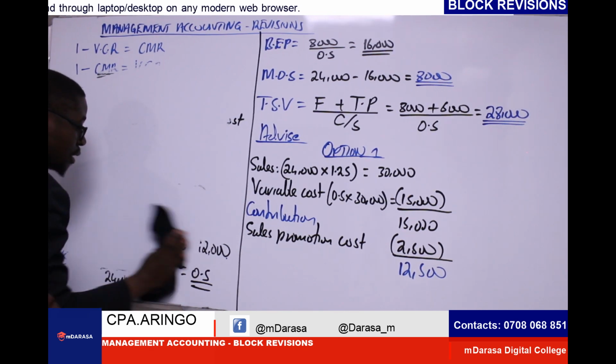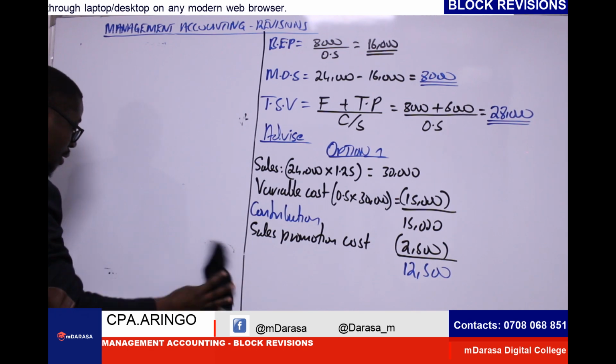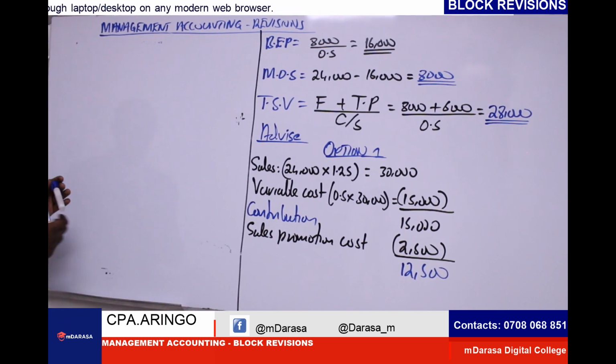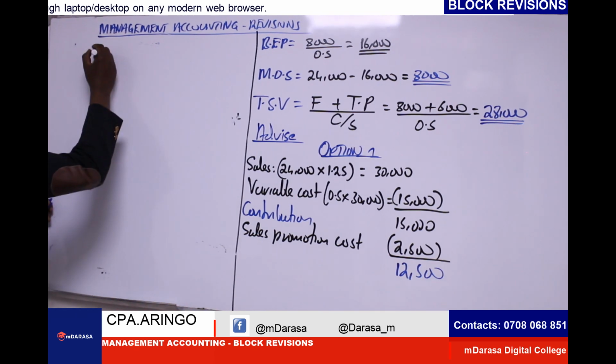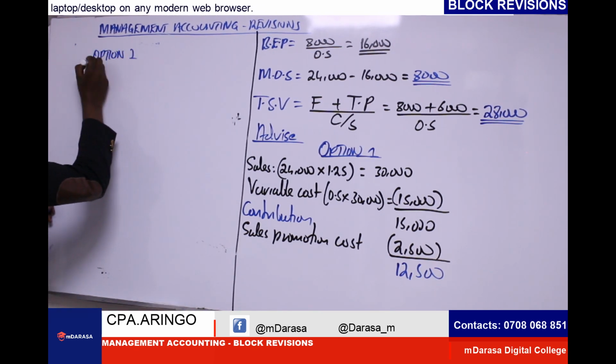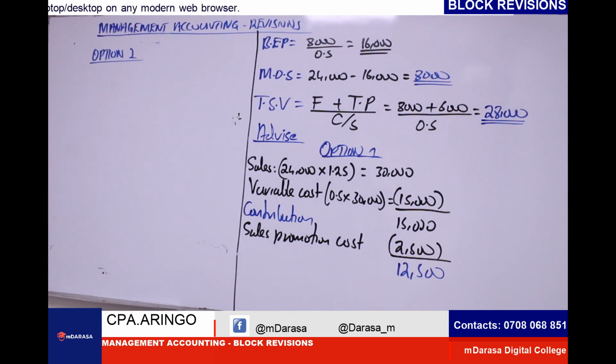So after we are through with that, we check the other part. The other part in this case, we have option 2. What about option 2? If at all you can check option 2, what were we told in option number 2? Option number 2, my good students, these are what you are told. Look at option number 2.